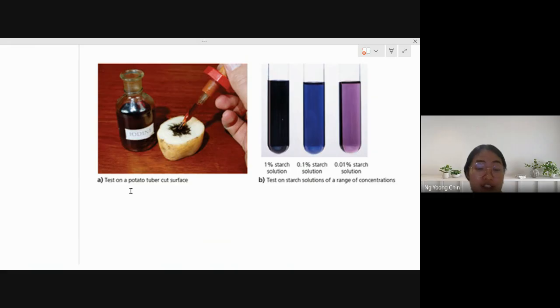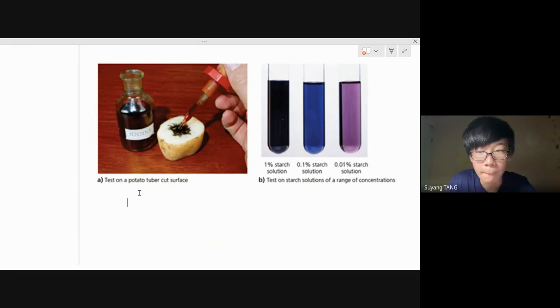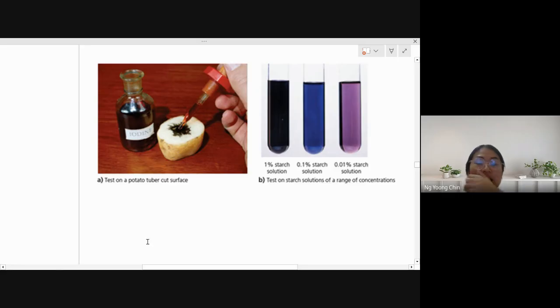When you have an injury, you apply the iodine on your wound. So what is the iodine color? Have a guess? 1, 2, 3. Suyang, what is the color of iodine? Purple. Purple? Okay, it's okay.